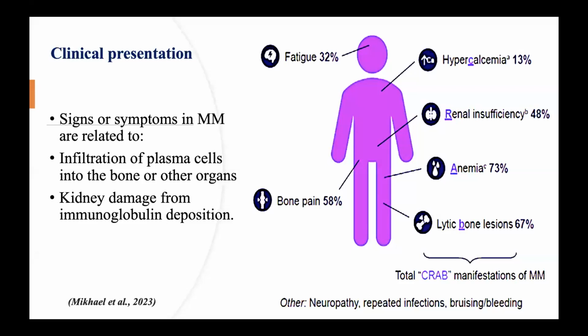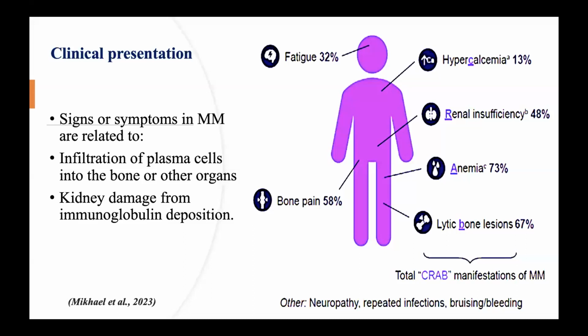This is very unique because there is an acronym called CRAB, as highlighted here by Michael and group, that defines multiple myeloma signs and symptoms. This is when a client has hypercalcemia, renal insufficiency, anemia, and bone lesions.